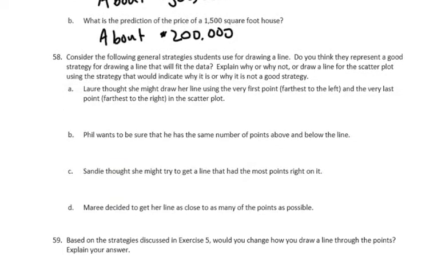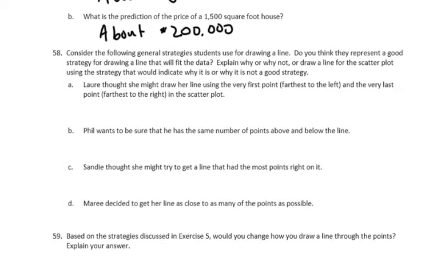So part A, the first person, Lori, thought she might draw her line using the very first point, the farthest to the left, and the very last point, the farthest to the right in the scatter plot, which seems like a decent idea. So it might work sometimes.